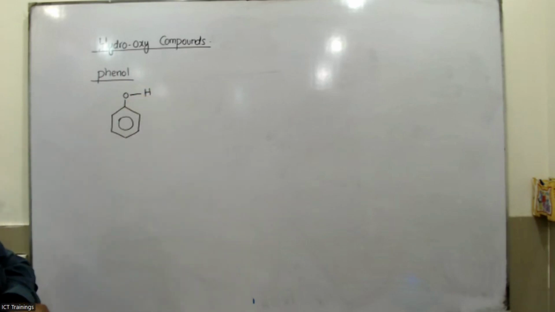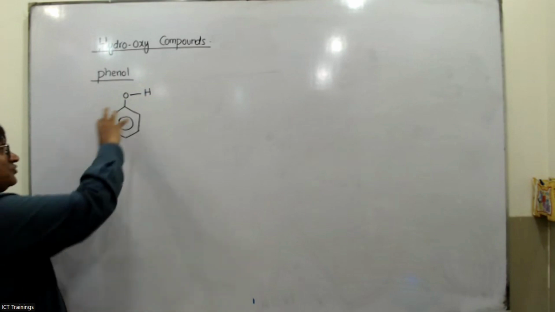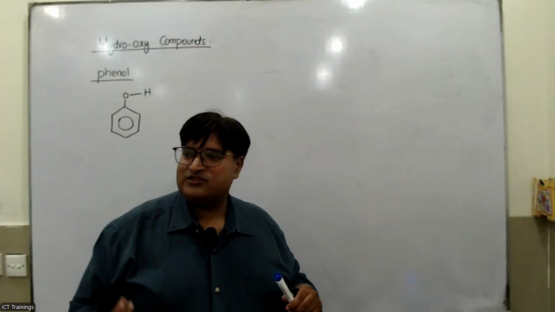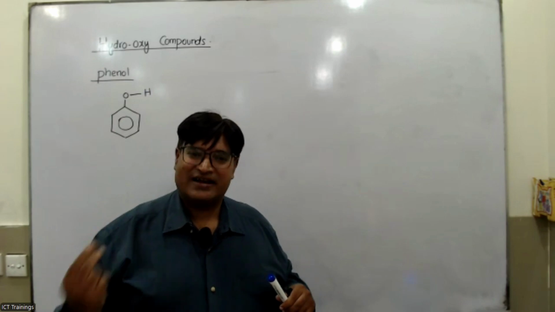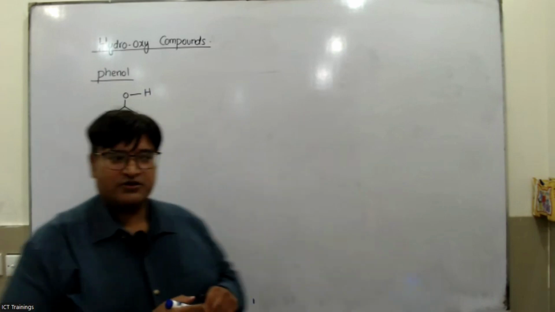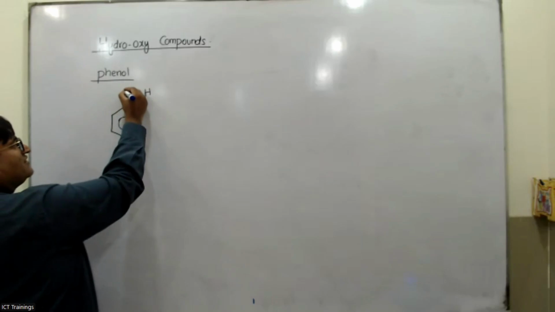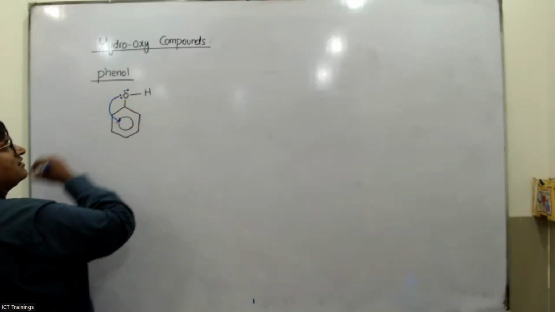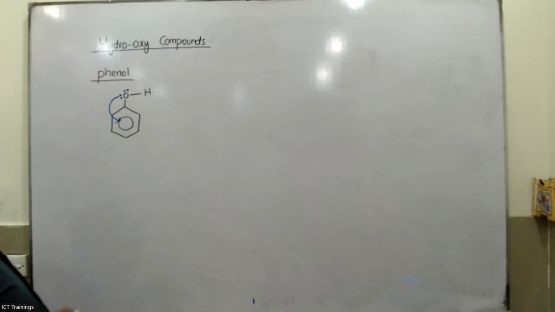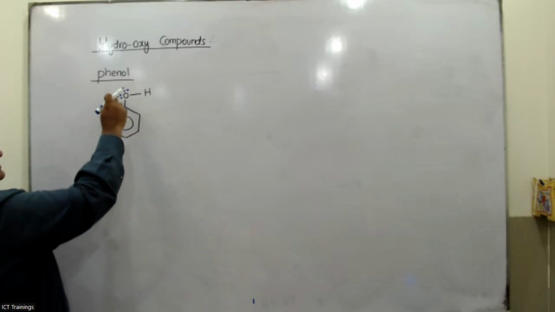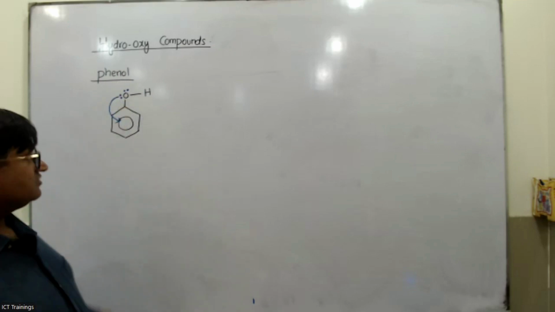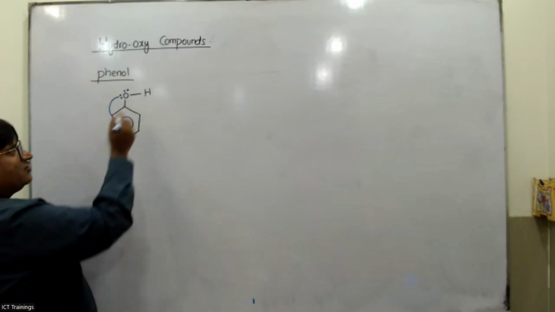Now, you know that I told you last time, when any element having a lone pair of electrons is attached directly with the benzene ring, it delocalizes its lone pair to the benzene ring. So when it delocalizes its lone pair to the benzene ring, oxygen has got a shortage of electrons.